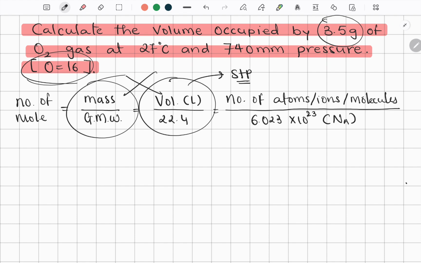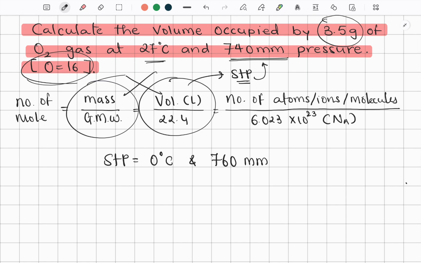STP and not at the given condition, which is 27 degrees Celsius and 740 mm pressure. Okay, so sir, if this is the given condition, what is STP? So definitely STP is 0 degrees Celsius and 760 mm pressure, 760 mm of Hg basically, which is mercury.